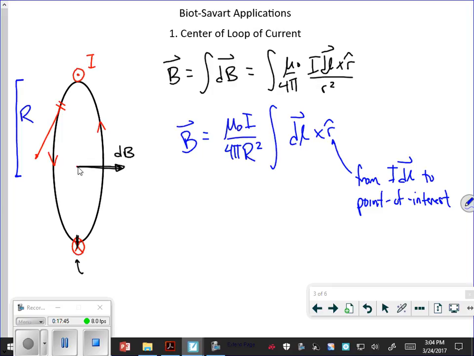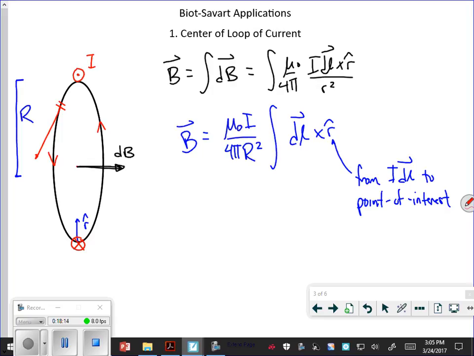And all of our r hat vectors are towards the center. Let's take right here, that's the r hat direction towards the center, and in this case I dL points into the page. Every one of our dL vectors is perpendicular to every r hat vector.